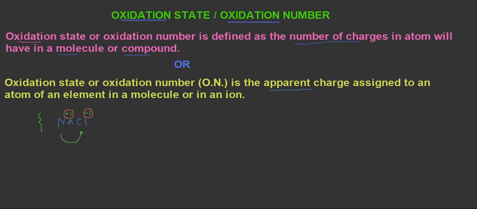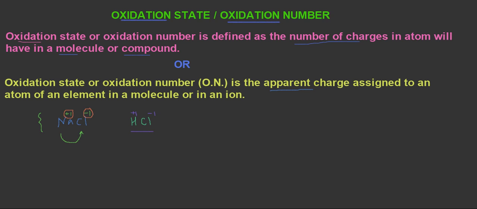Similarly, if we talk about another example, that is hydrogen chloride, HCl. Hydrogen chloride is a covalent compound. In this case, hydrogen has positive 1 charge and chloride has negative 1 charge. The reason it is covalent is that hydrogen and chlorine atoms are sharing their electron.